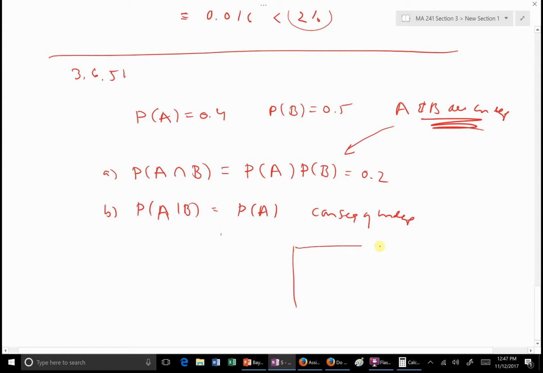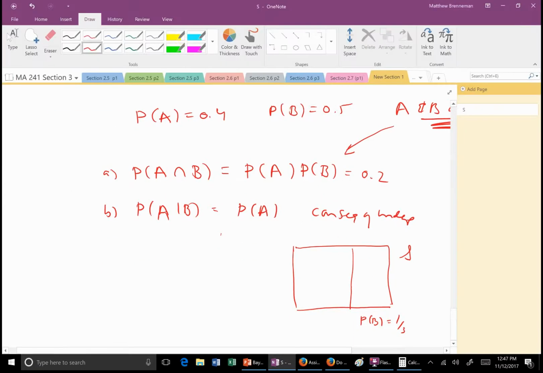Here's what it's actually saying. Suppose this is a sample space. I'm going to make up an artificial example here. And suppose the probability of B was 1/3. Okay, so it's roughly 1/3 of the sample space, all right? And I'm looking at an event A. And the probability that A occurs, we'll say it's maybe 1/6.